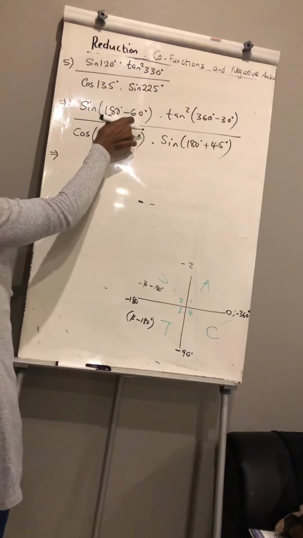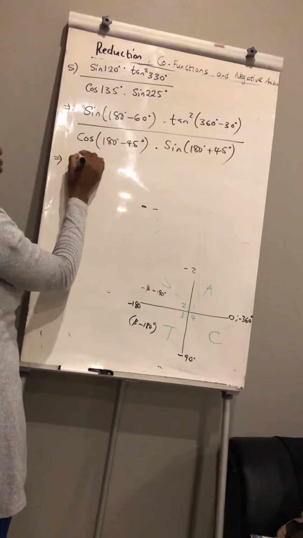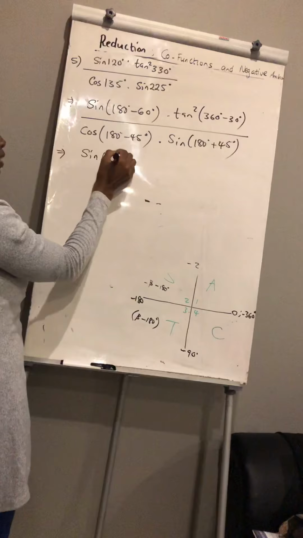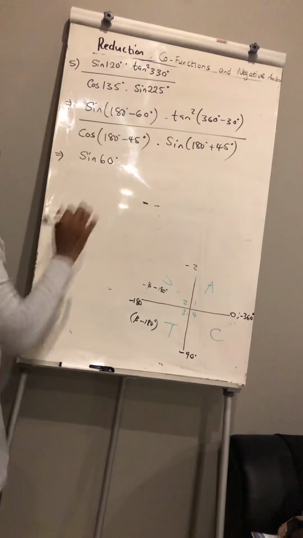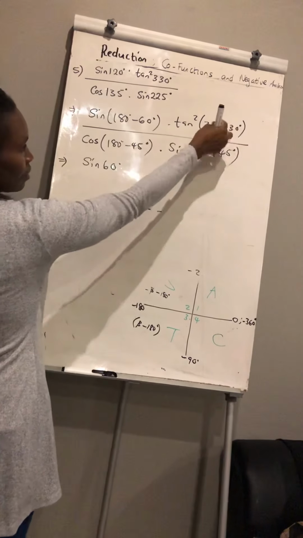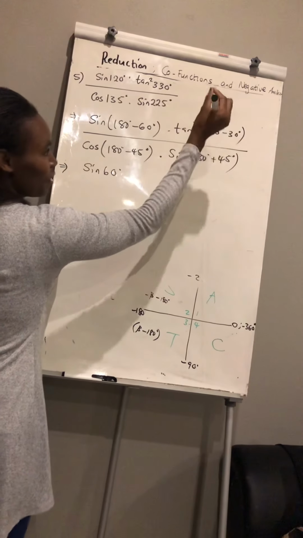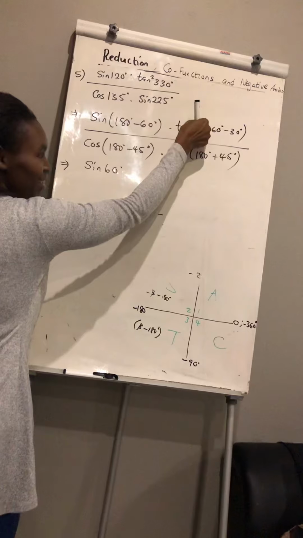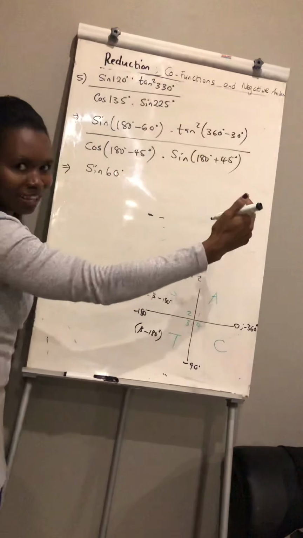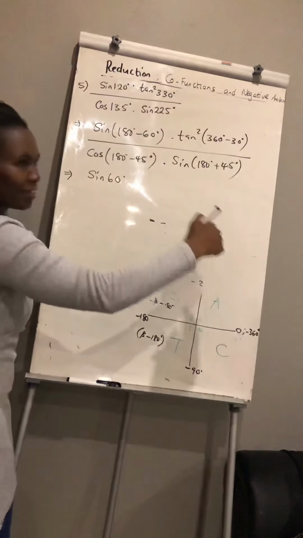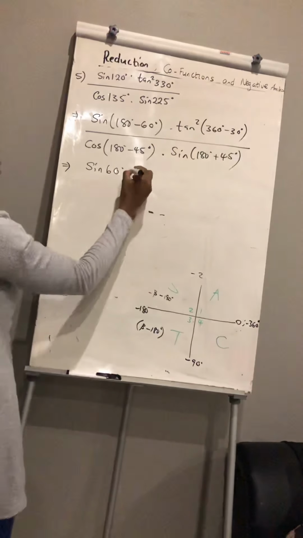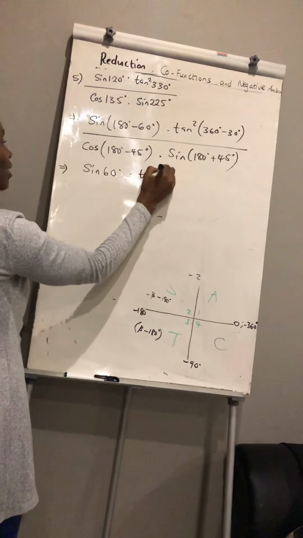This is now the second quadrant, and in the second quadrant, sine is positive. And 360 minus is the fourth quadrant, and tan is negative. But the good part is it's squared. Since it's squared, the negative will cancel. So it will be minus tan 30 times minus tan 30. So it will be positive tan squared 30 anyway.